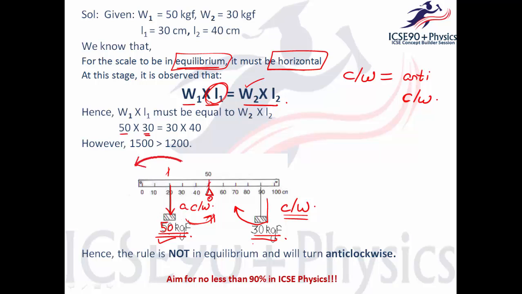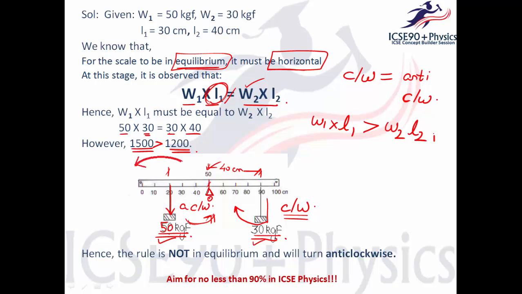W2 is 30 kgf, and L2 is 40 centimeters from the central pivot point O. So 50 into 30 is equal to 30 into 40? But 50 into 30 is 1500 Newton meter, which is greater than 30 into 40, which is 1200 Newton meter, right?